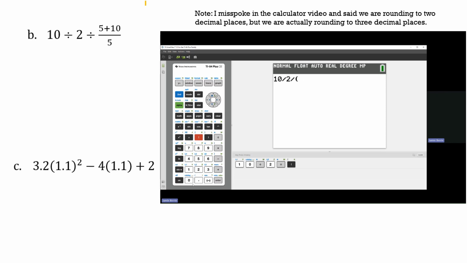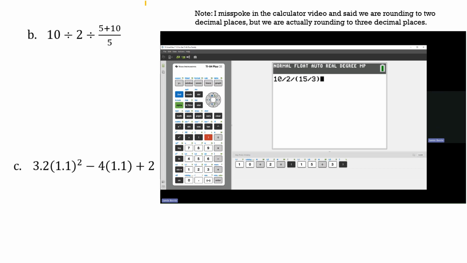And so we've got 5 plus 10. We'll go ahead and add that. That's 15 divided by 5. If you didn't go ahead and add it, you would have to put another set of parentheses and then do 5 plus 10, close parentheses, divided by 5. So I think it's easier just to go ahead and do 5 plus 10 in your head. All right, and then I'm going to close that parentheses.